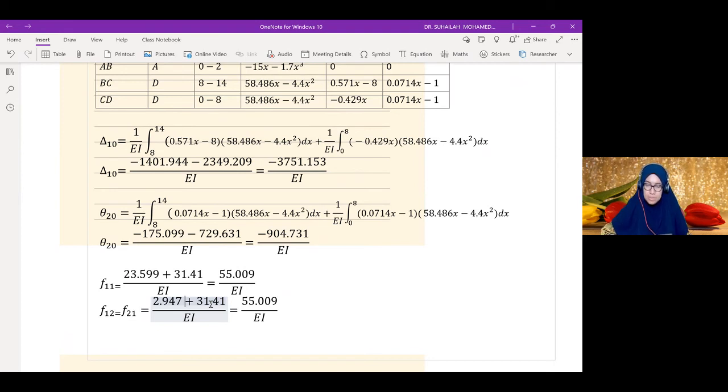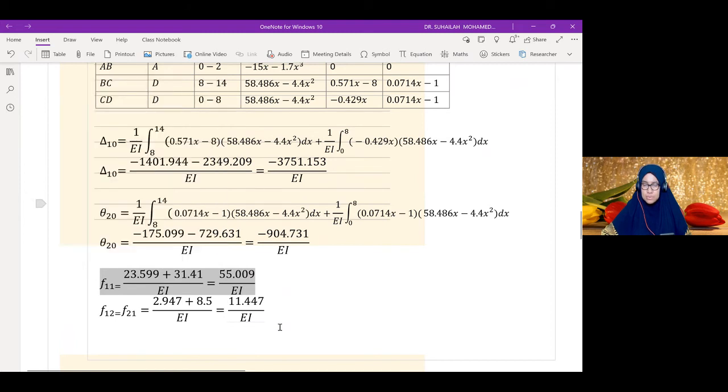So this is equal to 8.5. So plus back with 2.947, we get 11.447.